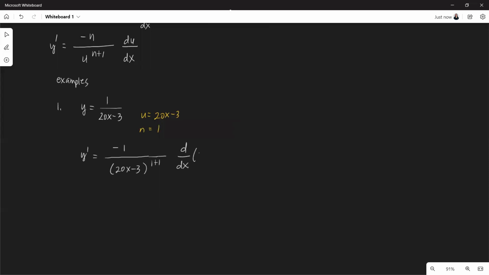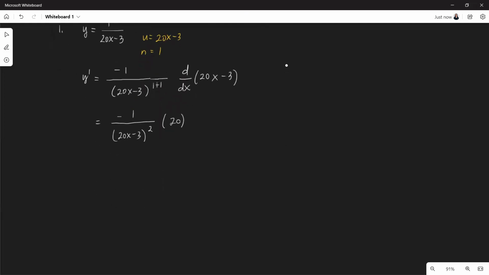the u, which is the derivative of 20x minus 3. Or that's -1 over 20x minus 3 quantity squared multiplied by the derivative of 20x minus 3, which is 20 minus 0, or 20. So it's -20. Put the negative sign here.